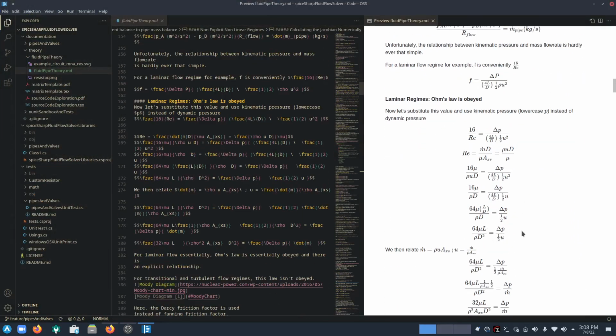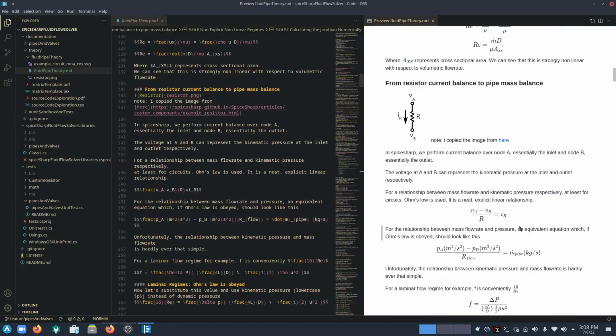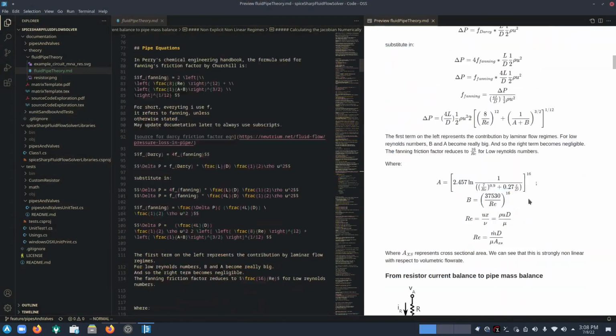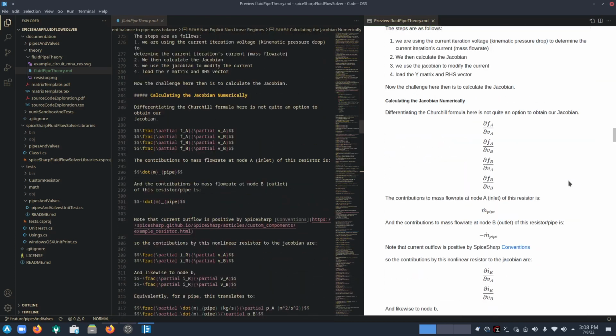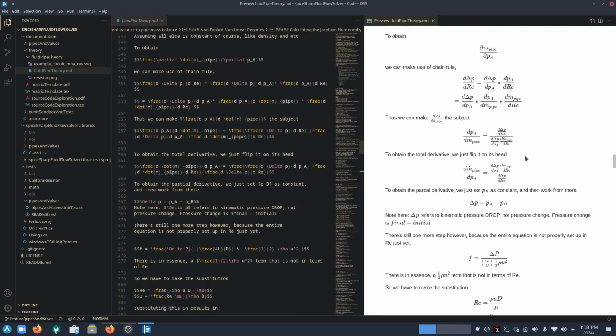The last part is just the pressure. Let me find the pressure for you. The last part is just to find dΔP/dPA or dΔP/dPB. I just assume that the pressures can be varied independently. So for ΔP, I will use PA to differentiate both sides.